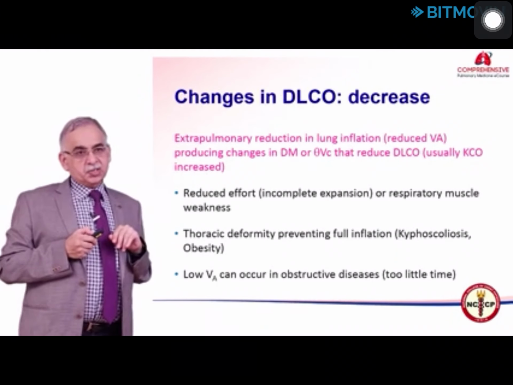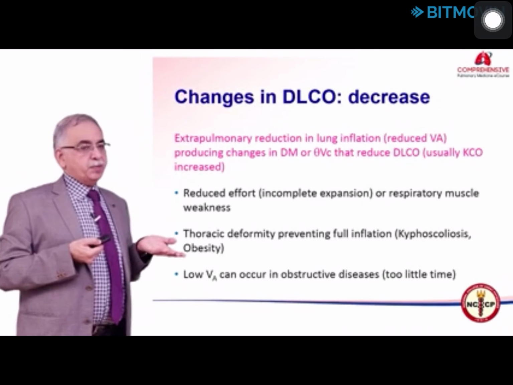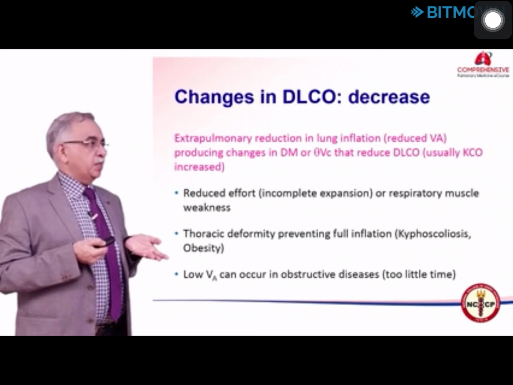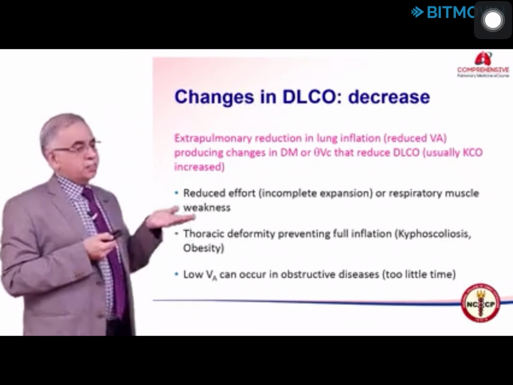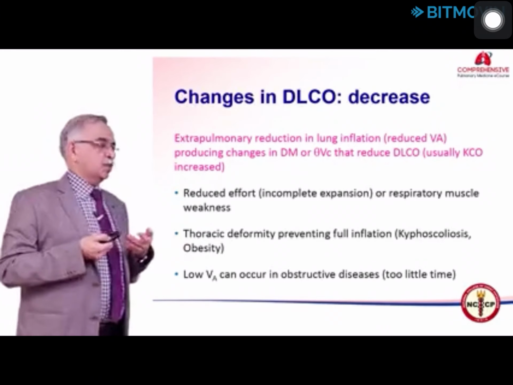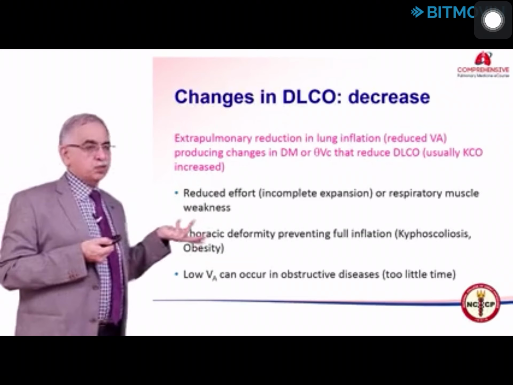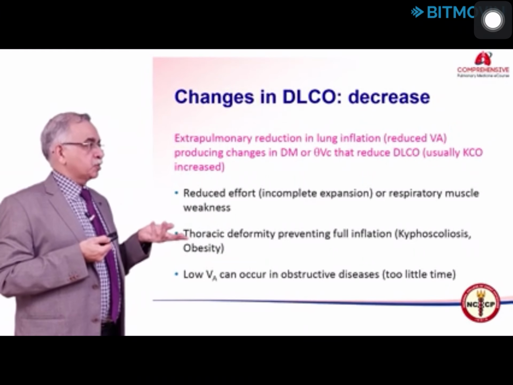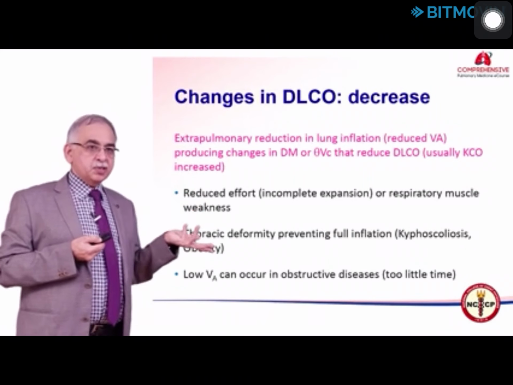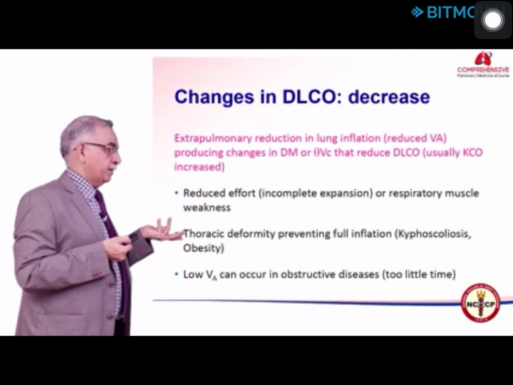It may be decreased in diseases which are outside the lung, extrapulmonary. If the patient does not inflate the lungs technically, or there is a condition which is preventing full expansion, that is, respiratory muscle weakness or a thoracic cage abnormality, kyphoscoliosis, obesity, then full inspiration is not occurring, and because inhalation determines diffusion capacity, diffusion capacity will be reduced in these conditions.